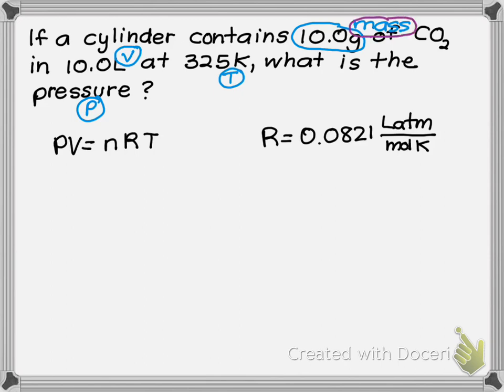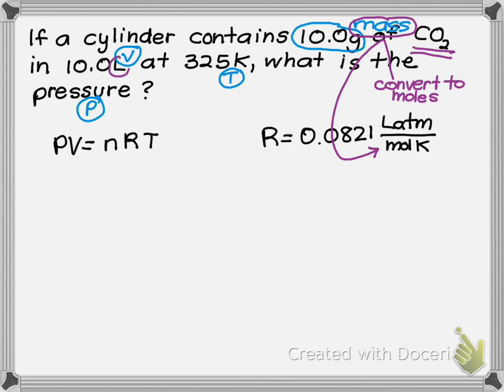There is no mass in the ideal gas law, but what I do know is that mass can be converted into moles. So I'm going to have to convert mass into moles using the molar mass. I have to do that first. It's important. They told me CO2, so I'm going to have to get the molar mass of CO2.